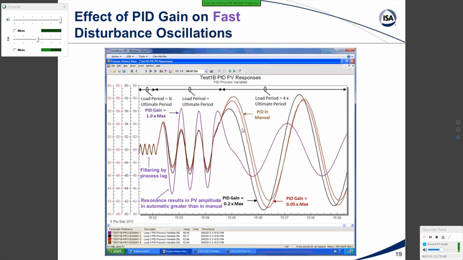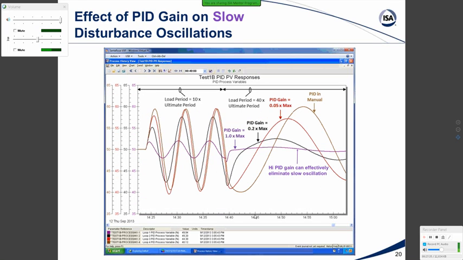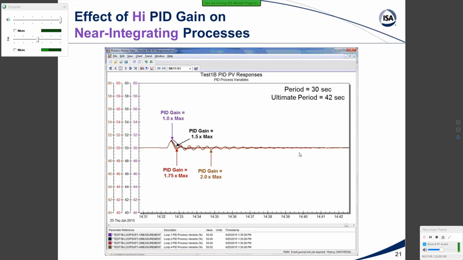Then we see what happens if the oscillations become a lot slower, and we find we are getting a different story, where the amplitude is being somewhat reduced by that higher PID gain, and as we go on, for slower and slower oscillations, the high PID gain can essentially eliminate the effect of them.